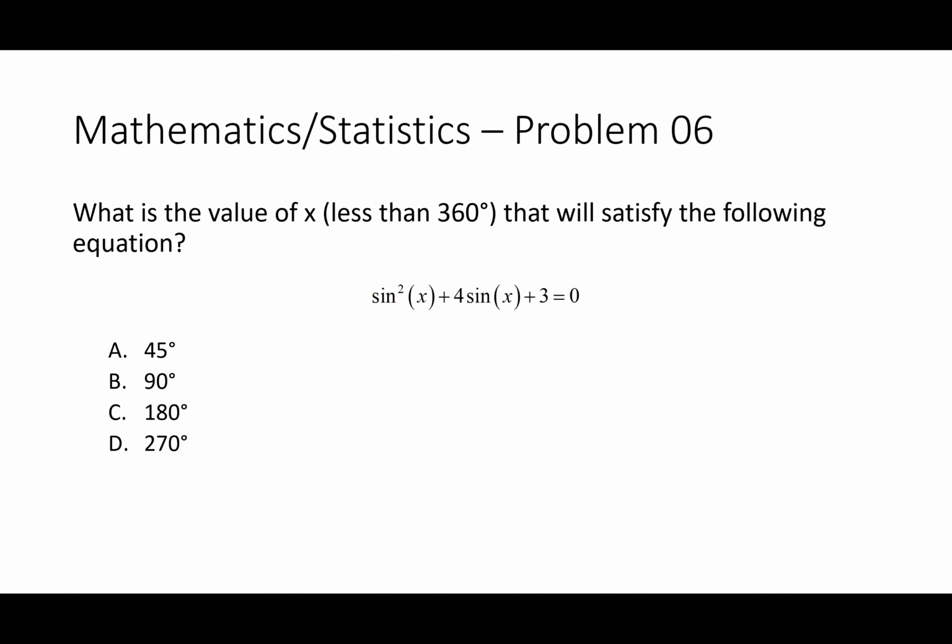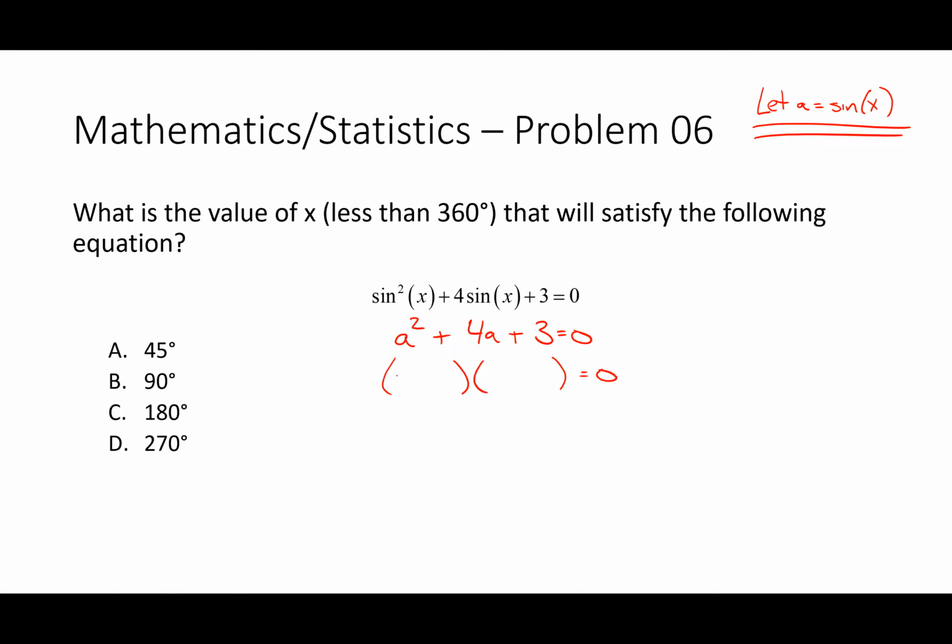If I look at this equation, it kind of looks a lot like a quadratic. If I let a equal the sine of x, then this would be a squared plus 4a plus 3 equals 0. That looks like a quadratic expression, something I can solve. I can factor that.